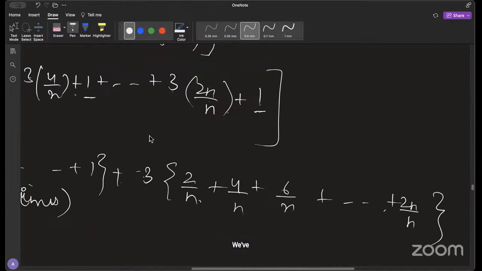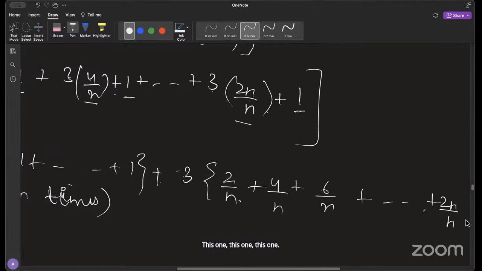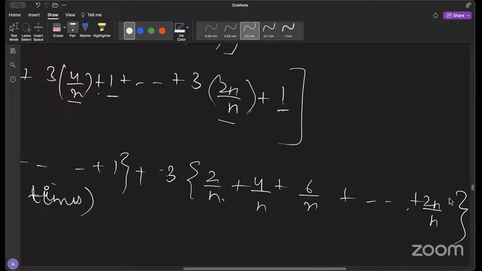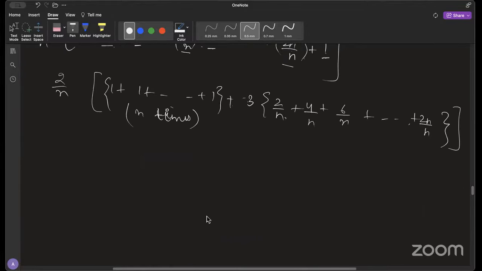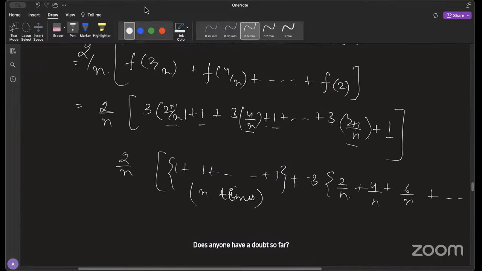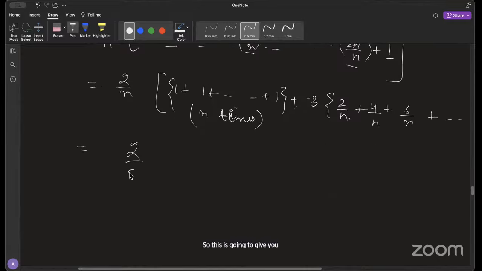We have taken 3 common from all of these ones. This one, this one, this one, and this is what we get. Is this much okay? Does anyone have a doubt so far? So this is going to give you 2 by n. This is 1 added n times, which gives you n.